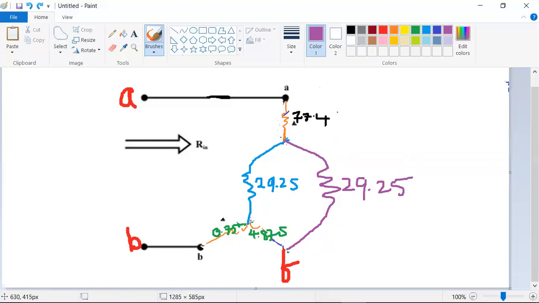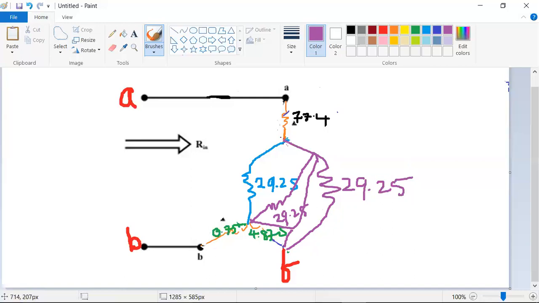Let me draw the circuit in this way. Let me find, is there any way of finding the route? This is 29.25. If I make it like this, then it is very clear for us.